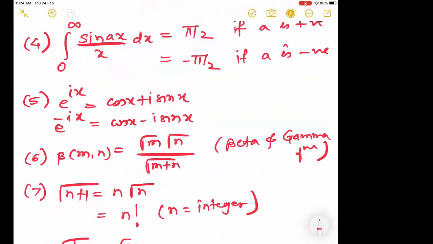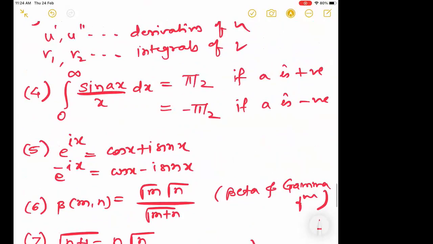We will take the example of the Fourier transform, then the examples of the Fourier cosine and sine transforms, and inverses are included in that only. Madam, please show formula 8, 9, the last one.